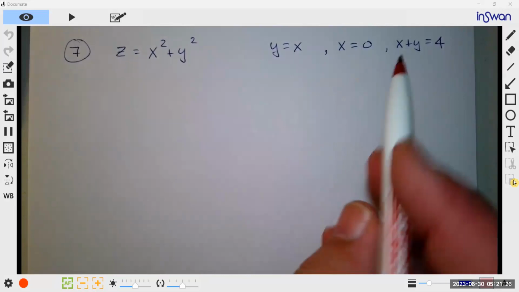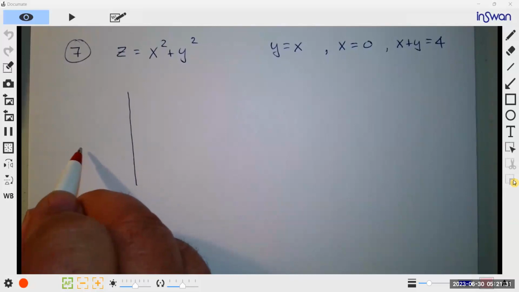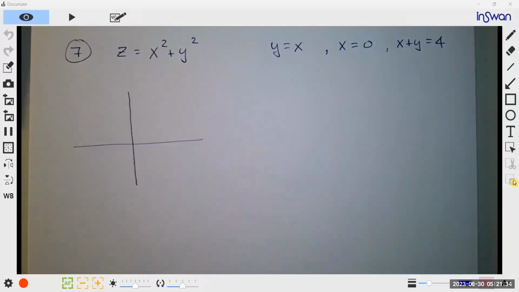The first thing we have to do is draw our picture, to see what we're looking for.